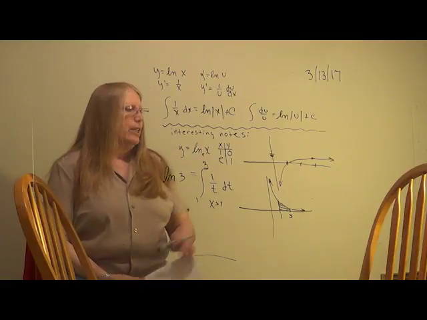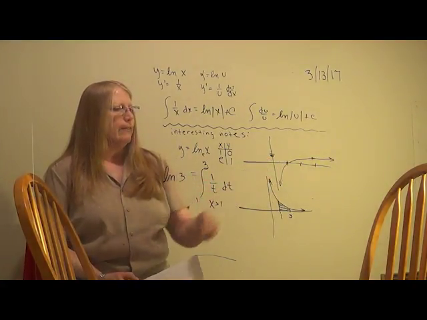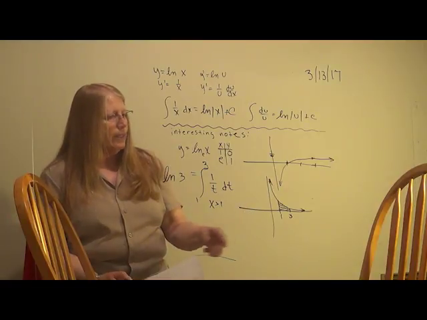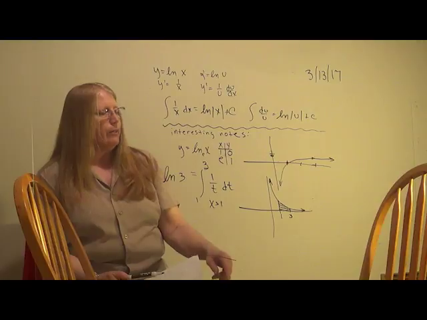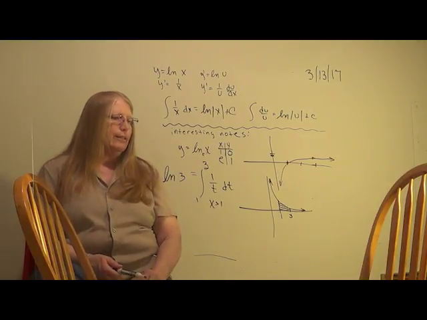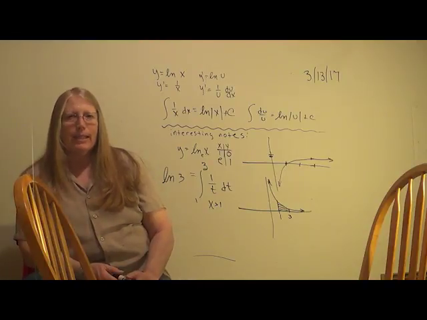So there's a connection that the value of this graph at 3 is the same as the area under the curve of the other graph from 1 to 3. It's a very interesting connection between things.